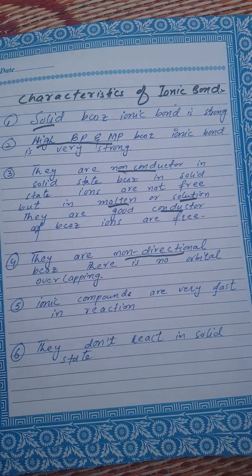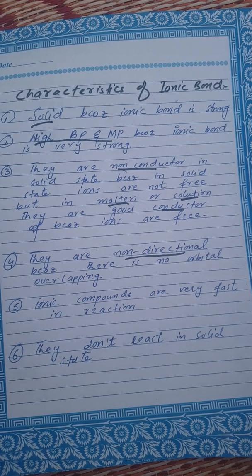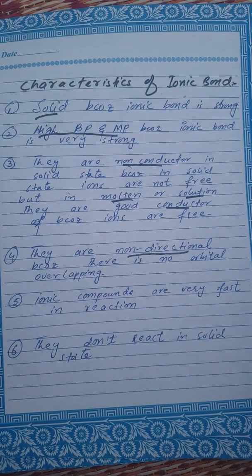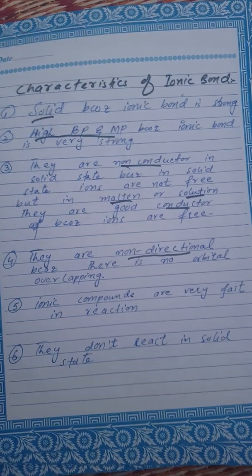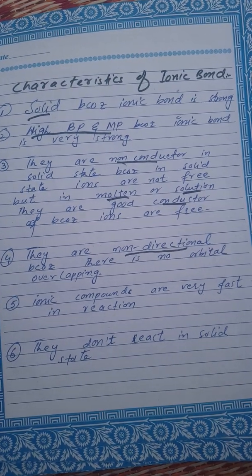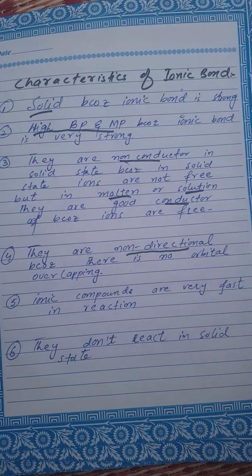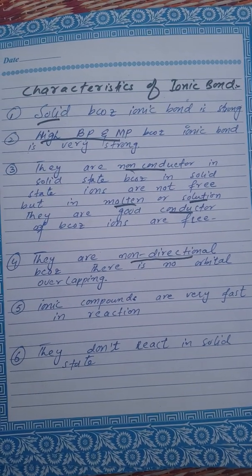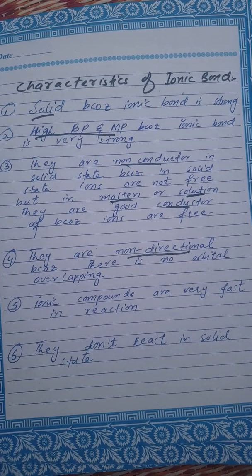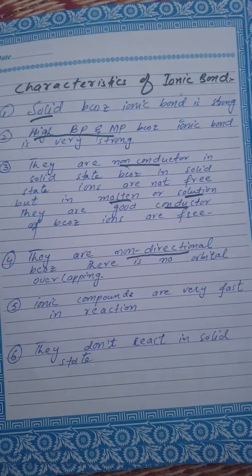And when a bond is formed, in a reaction the old bond first breaks. First of all the old bond breaks and then the new bond forms, and bond breaking is an endothermic process.